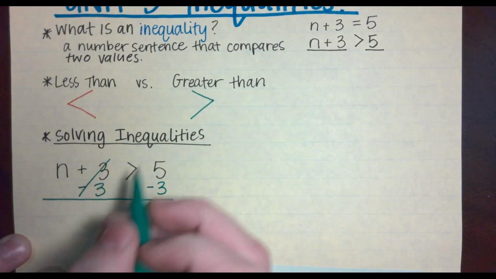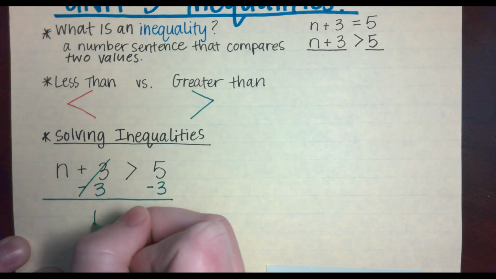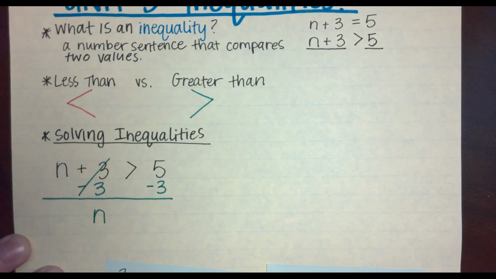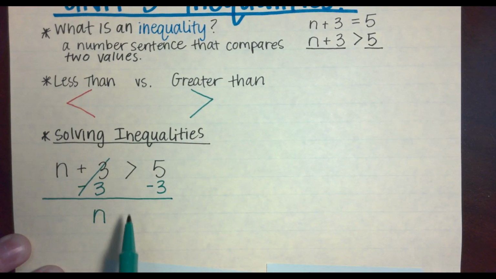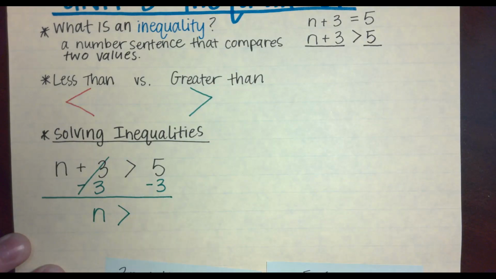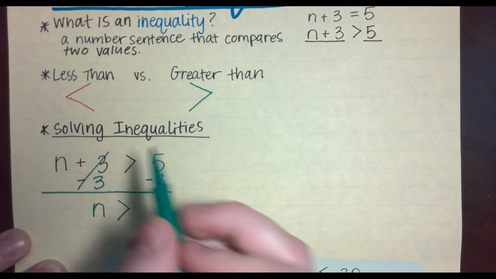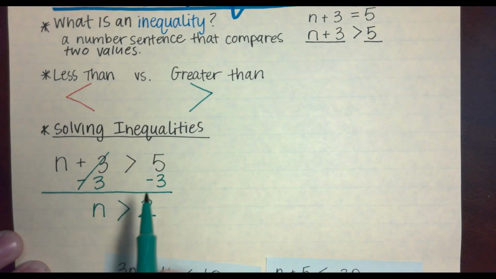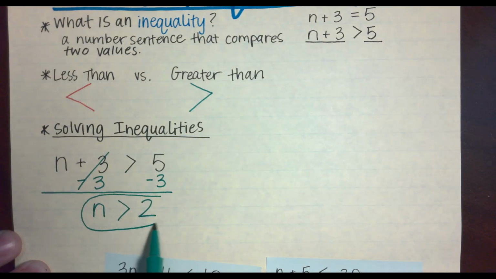So we just cross it off, and we bring down the n, and then instead of bringing down an equal sign, I'm bringing down a greater than sign. And then what's 5 minus 3? 2.